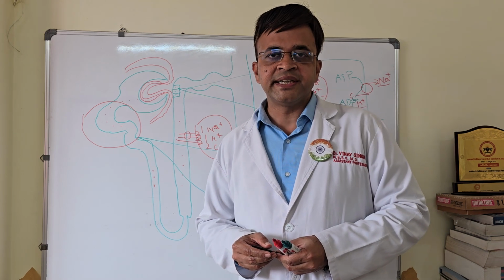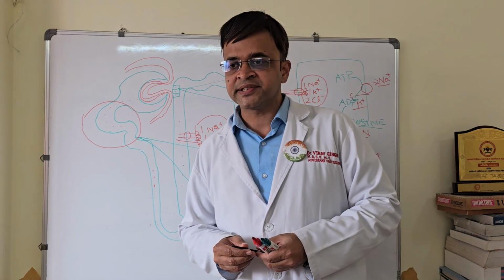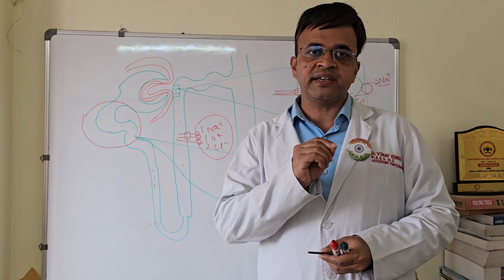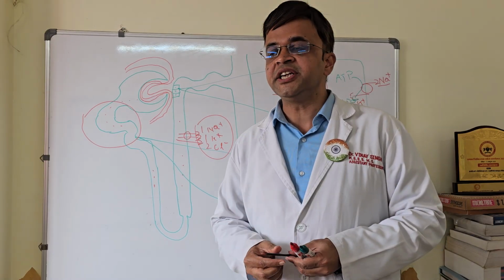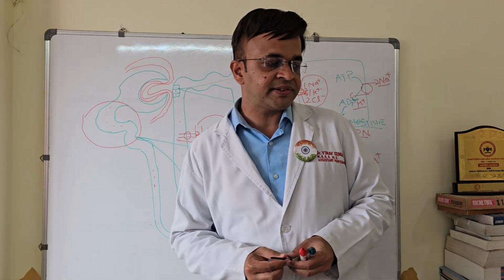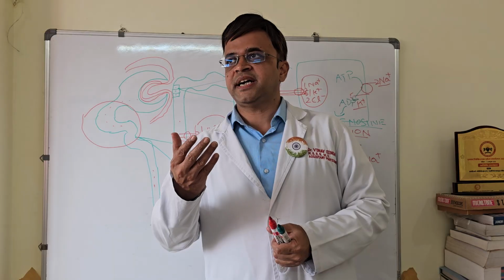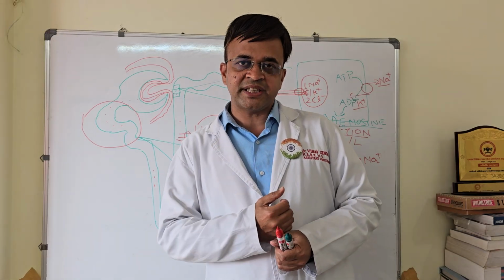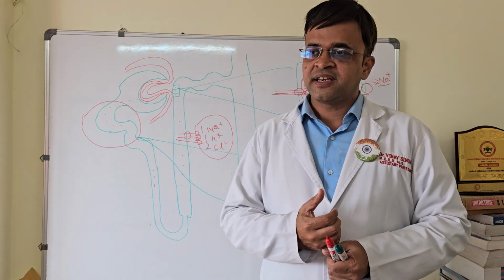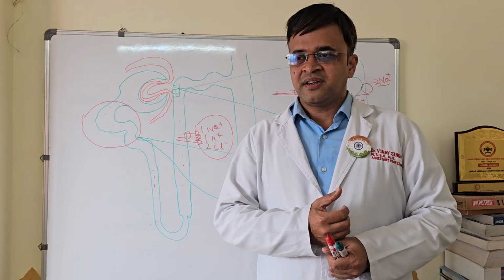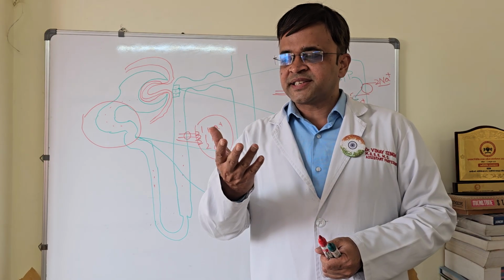Good morning, students. In this video, we are going to discuss why exactly GFR increases in the initial stages of diabetes, right? Most commonly, we associate diabetes with renal damage, FSGS, that is focal segmental glomerulosclerosis, and all that stuff.